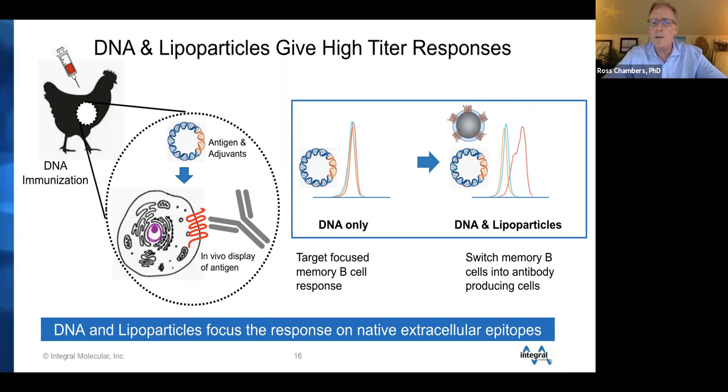So what we have found, and others, is that giving a small amount of protein to those animals triggers those memory B cells to convert into antibody producing cells, where you can now see a strong, robust titer. And so our experience has been that the combination of DNA and protein has been very effective at producing strong immune responses against native extracellular epitopes.